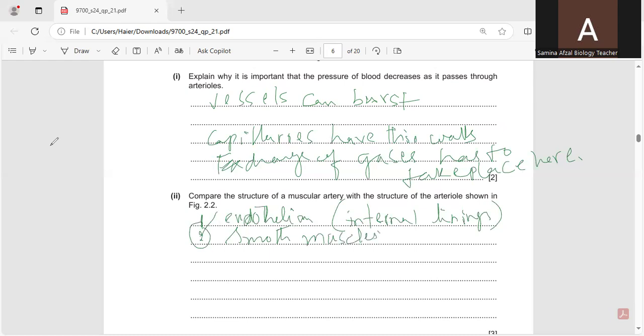And as the question is of 3 marks, we need one more, so we can write a difference. The difference is the lumen: the arteriole has a wider lumen in comparison to the muscular artery.